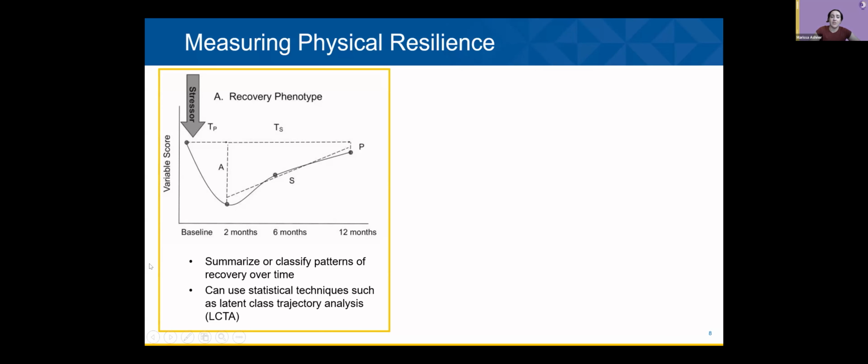We're looking at the whole trajectory: where were you at baseline, how far did you drop, and how well did you recover. If we took a whole sample of people and looked at their recovery phenotypes, we would typically use a statistical technique like latent class trajectory analysis to group people into a couple of different classes of recovery patterns. We can measure physical resilience that way.